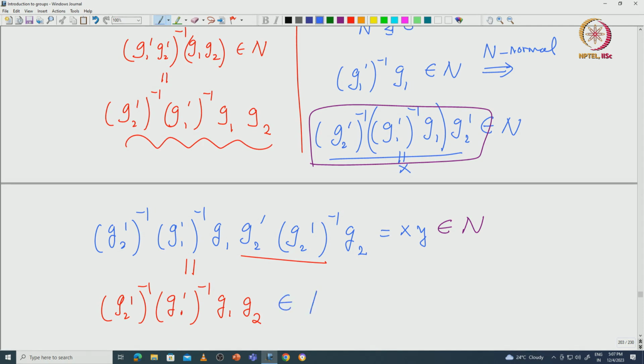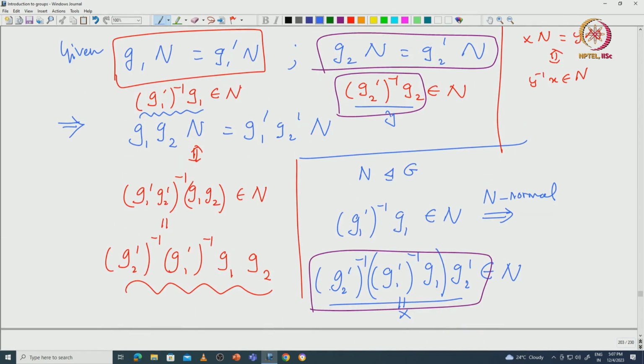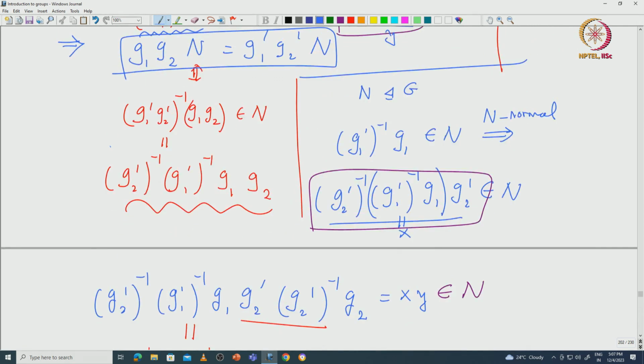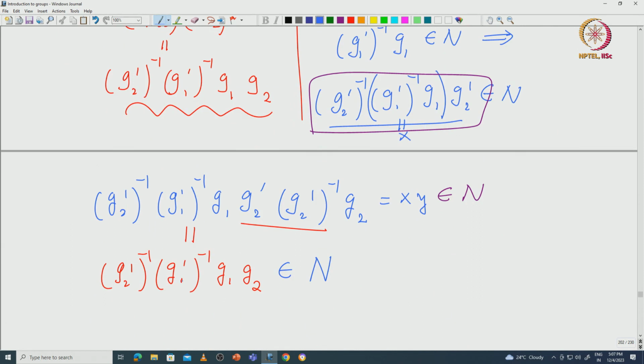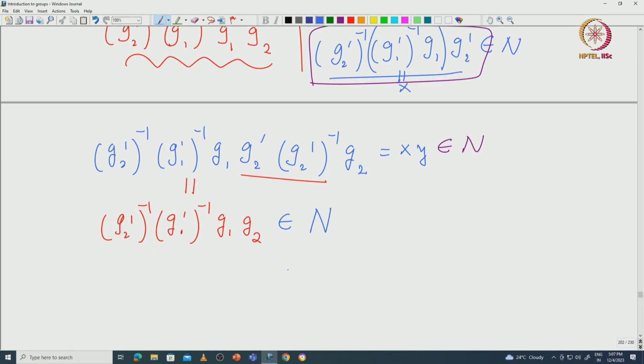So this is an element of capital N. So these two cosets being equal is the same as saying that g2' inverse g1' inverse g1 g2 is an element in capital N.